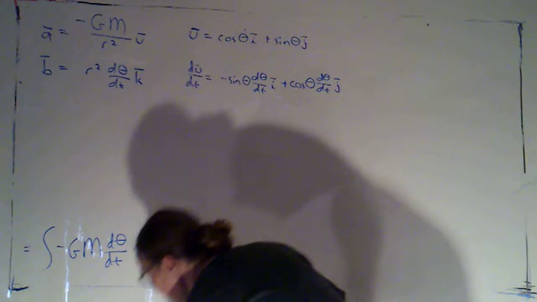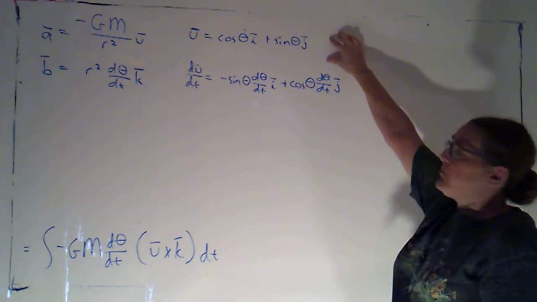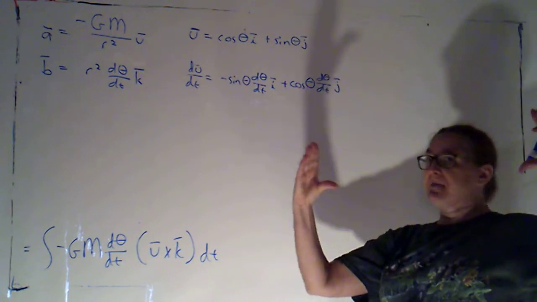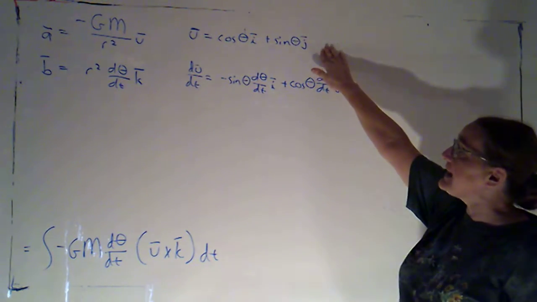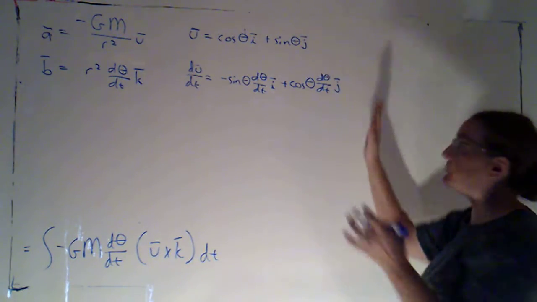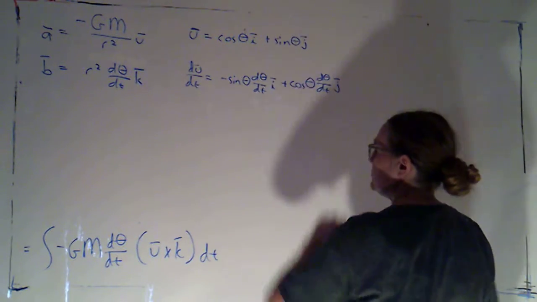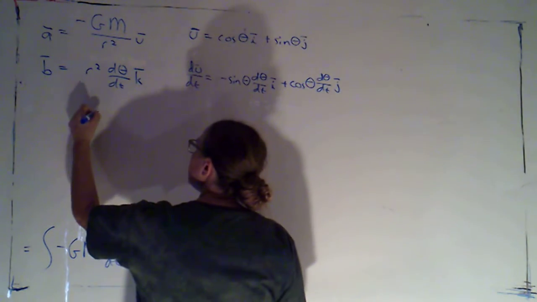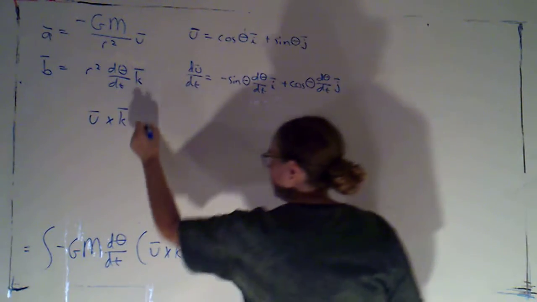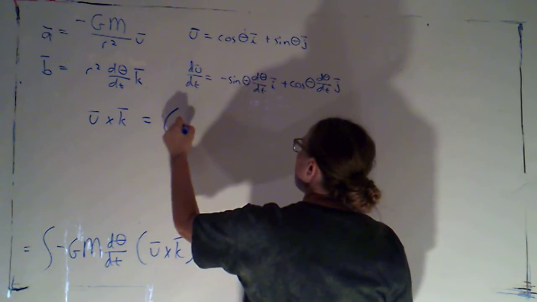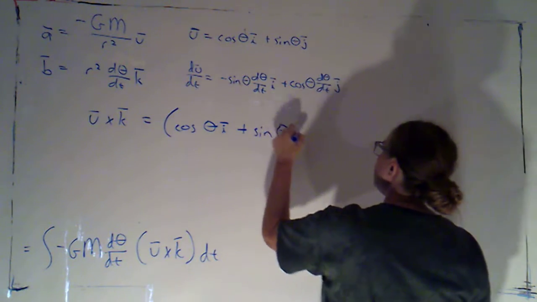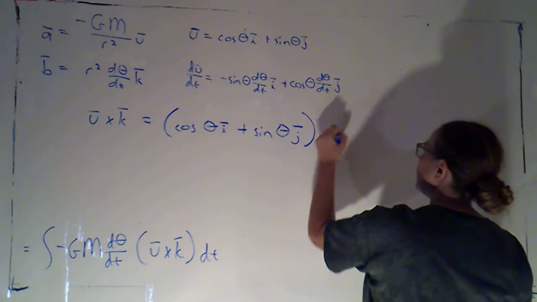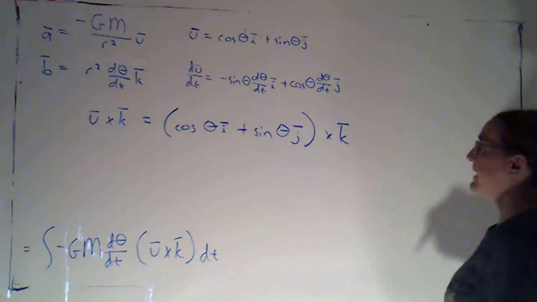All right, so I'd previously written u in bracket notation, so it was just cosine theta, sine theta, 0. Here I've written it as a sum of some i's and some j's. Okay, doesn't matter how I write it, but I'm going to choose to do it that way. So if I work out u crossed with k, that's simply cosine theta i plus sine theta j, and I'm crossing that with k.